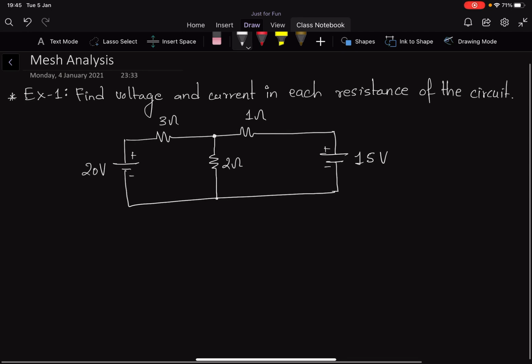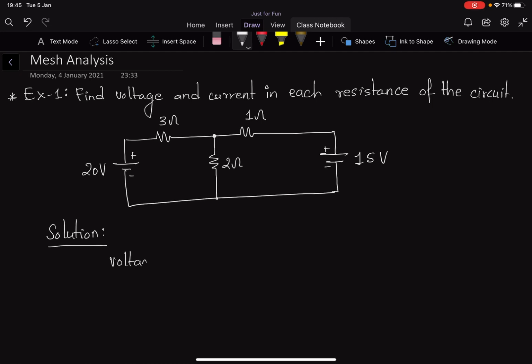So, solution for this circuit: trying to find the voltage and current in each resistance using mesh analysis.